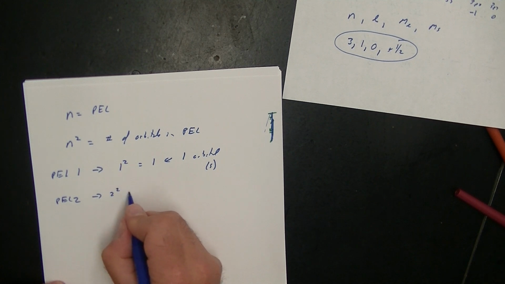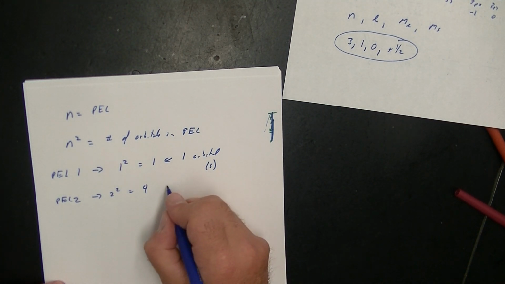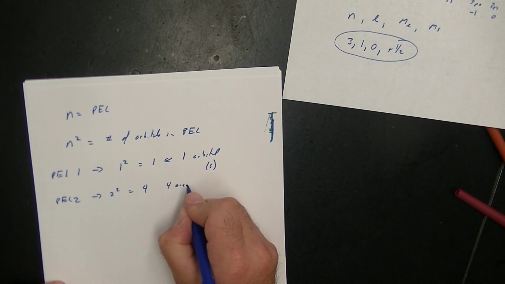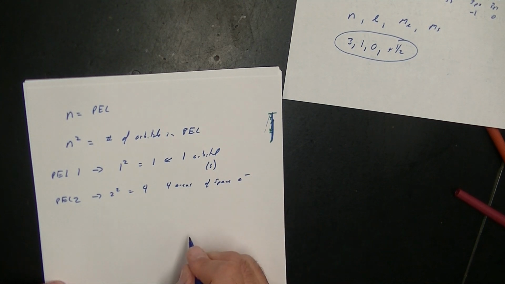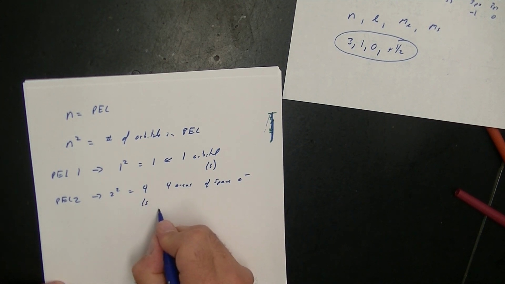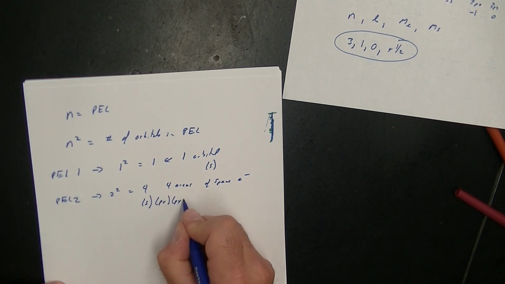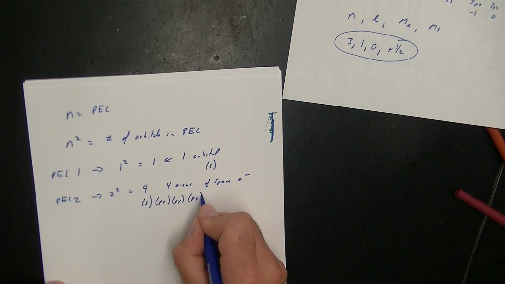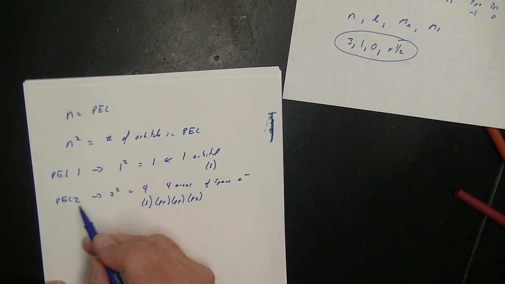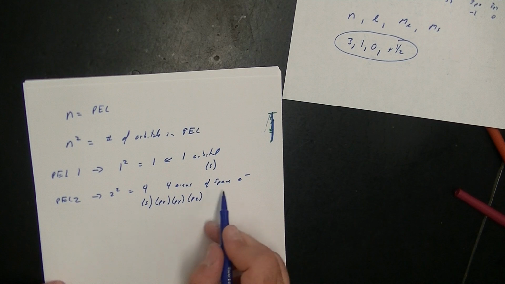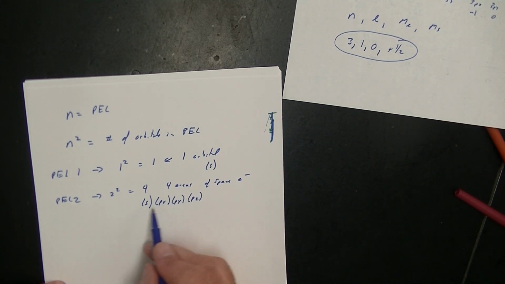Well, 2 squared is equal to 4. So there are 4 areas of space where we find electrons. Well, we have an s, we have Px, Py, and Pz. So there are 4 areas of space. So squaring n will tell you how many areas of space or how many orbitals there are.